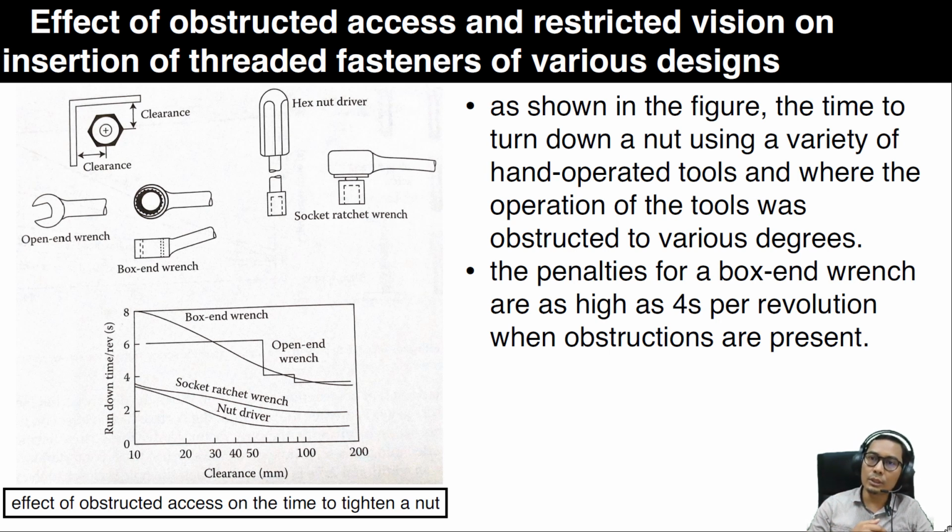As shown in the figures, this is the time to turn down a nut using a variety of hand operated tools, where the operation of the tools was obstructed to various degrees. From the graph we can see that the penalties for a box end wrench are as high as 4 seconds per revolution when obstructions are present.